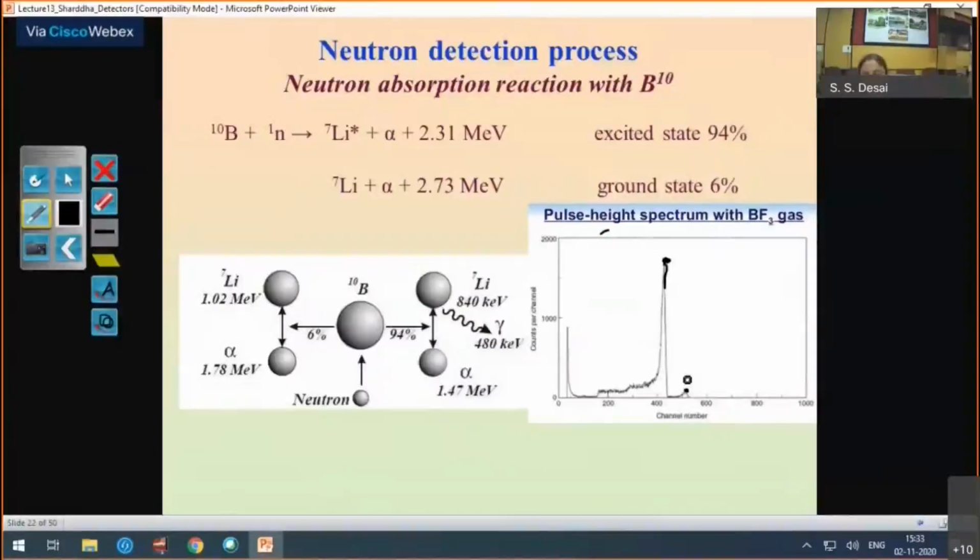So where is the energy difference between 2.78 and 2.31 going? A 0.48 MeV gamma is emitted on de-excitation of this lithium particle. So this is how boron from BF3 gas will show us the pulse-height spectrum of the detector.